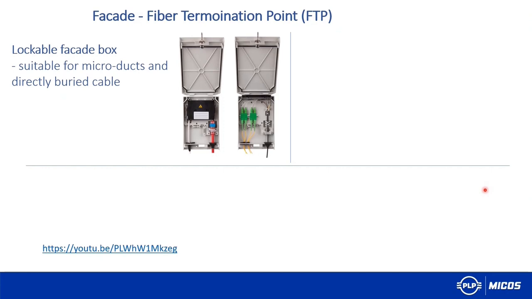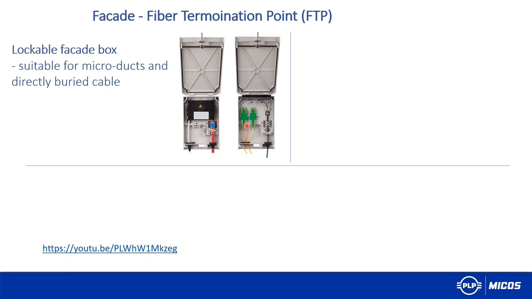This is basically the fiber termination point. This box has only IP54, 55. It has an optional lock, and basically from here you can connect the customer. You can use only one fiber, and the rest of the fibers you can leave for a different operator, as it is compulsory in some of the European countries. And later on, I'll show you the picture from the field.